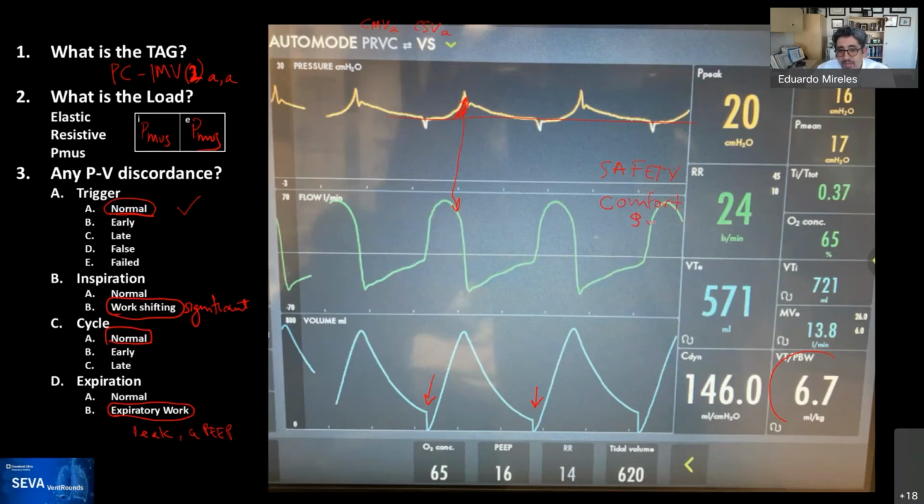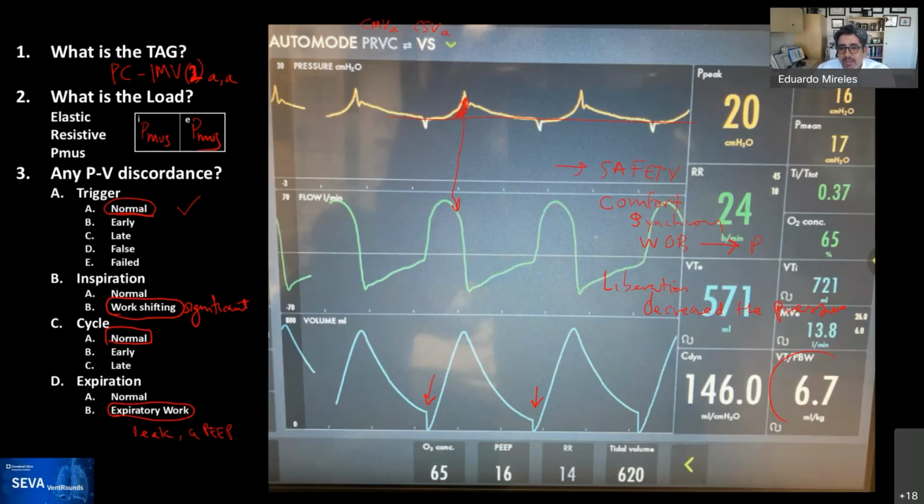I'm not going to say there's no asynchrony, but the work of breathing is completely towards the patient and not towards the machine. And if your goal is liberation, meaning automatic decrease in pressure, then it has achieved it, right? It has decreased the pressure so as to free this patient out to the world. So it all depends how you see this.